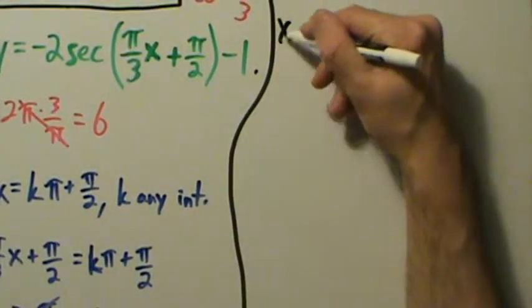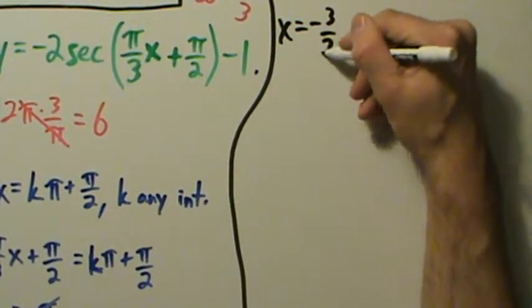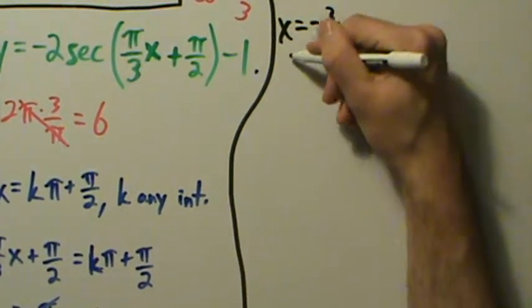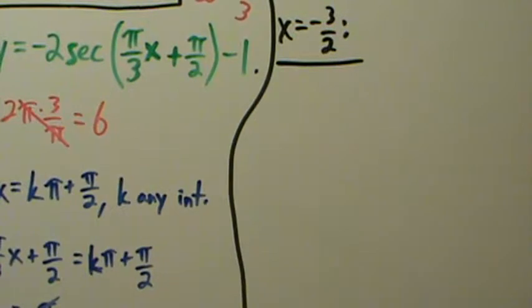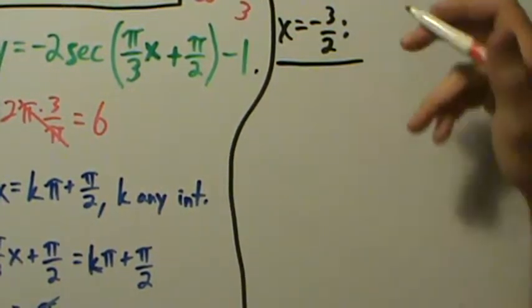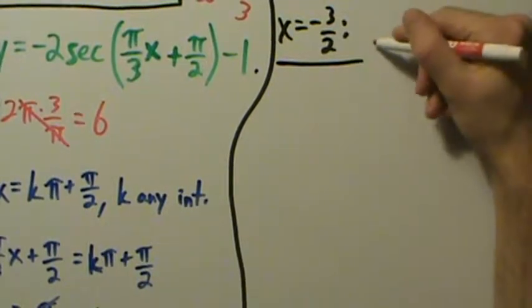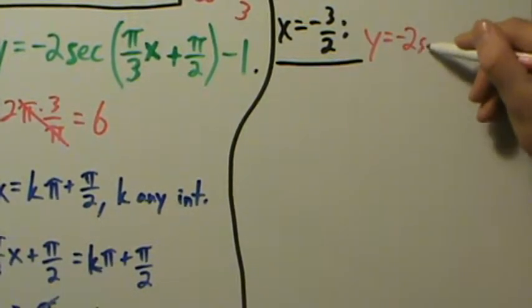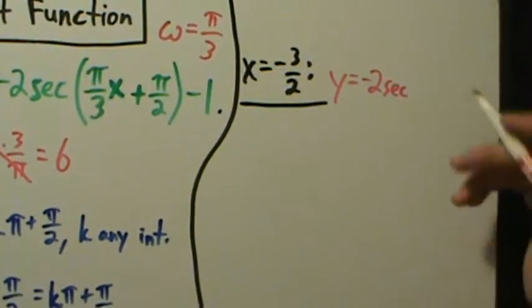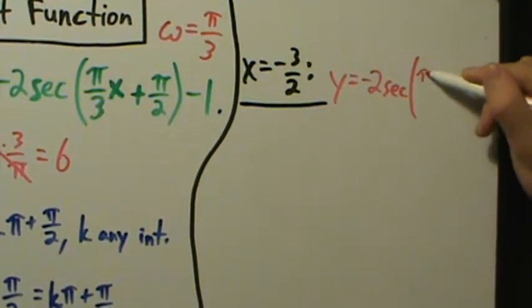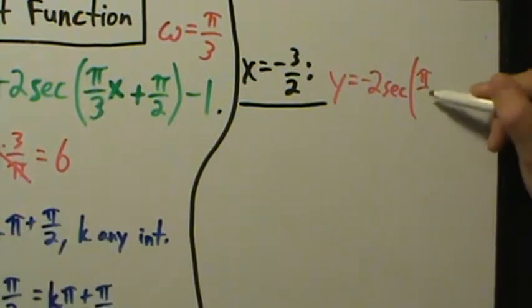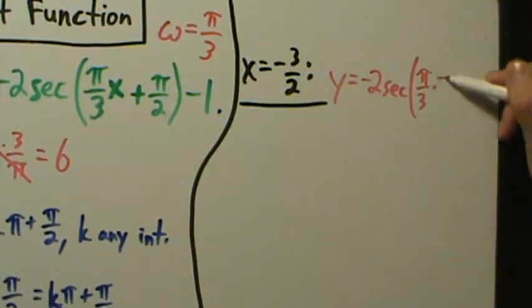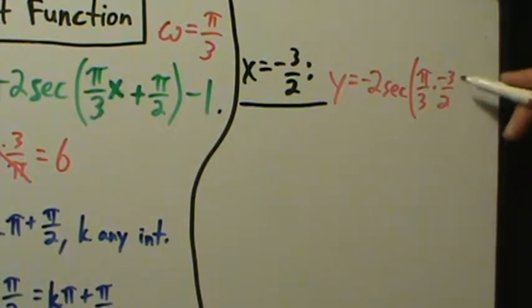So when x equals -3 halves, let's figure out what's going on. y equals -2 times the secant of pi over 3 times -3 halves, and then plus pi over 2.